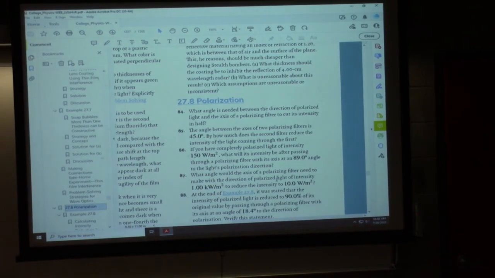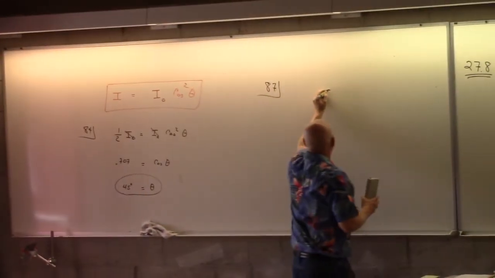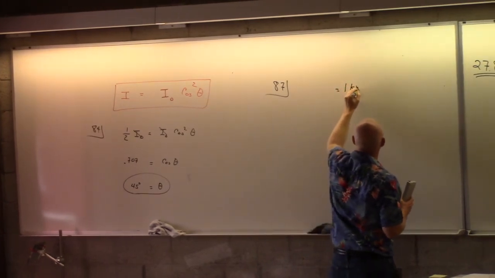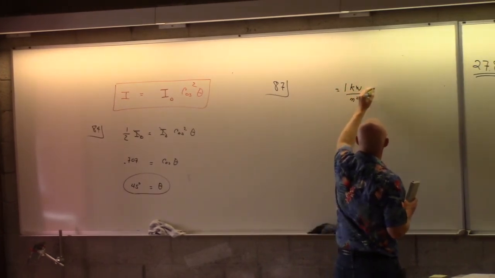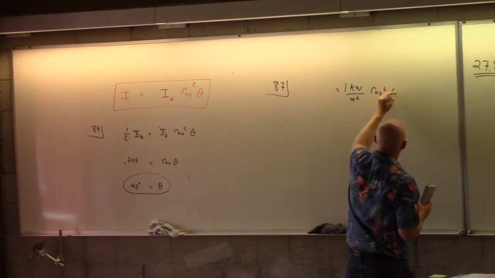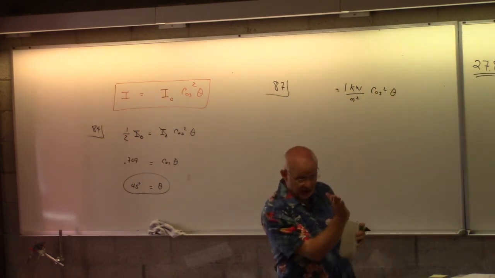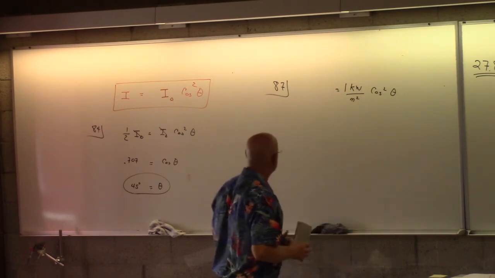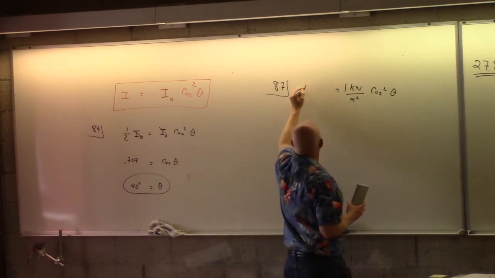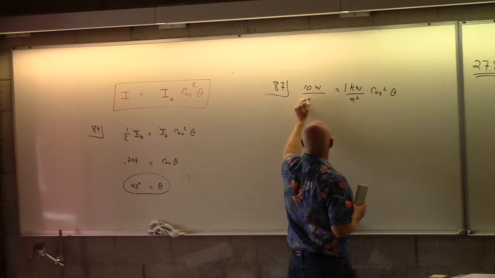All right, it's kind of the same problem because we're starting here with 1 kilowatt per square meter. We're going to set some angle between the direction of the polarization and the polarizing sheet, and it's going to reduce it down to 10 watts per square meter.